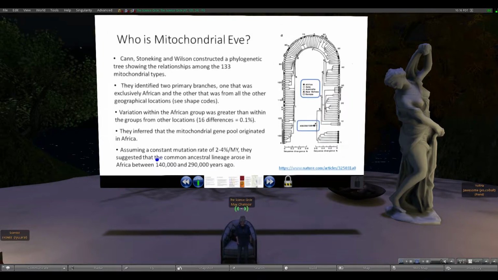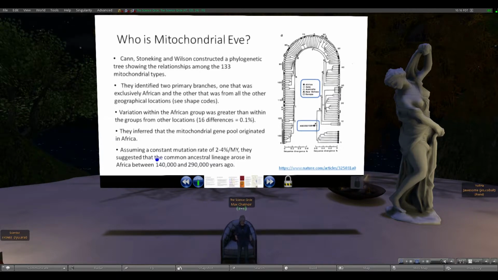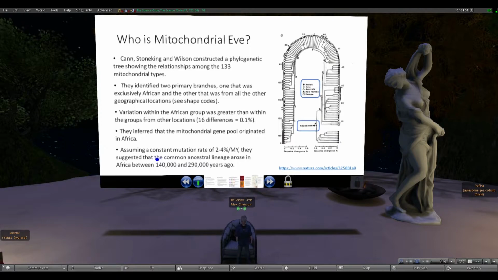So Cann, Stoneking, and Wilson made this big tree of mitochondrial sequences that showed how the different mitochondrial sequences in their samples were related to one another. And since differences in the mitochondria arise only by mutation within whatever lineage they're in, then each lineage accumulates different mutations. So groups of individuals that have a similar set of mutations were eventually called haplogroups.